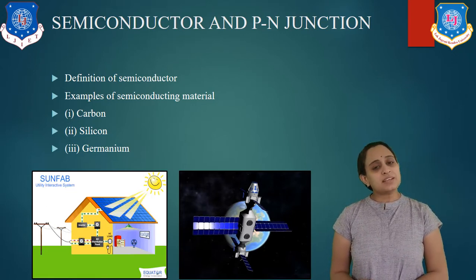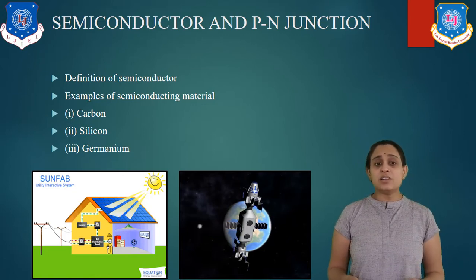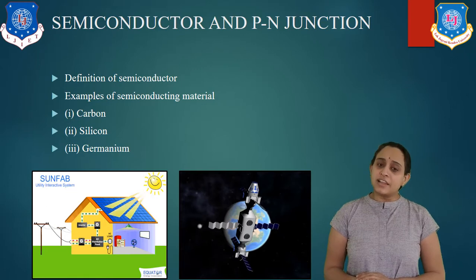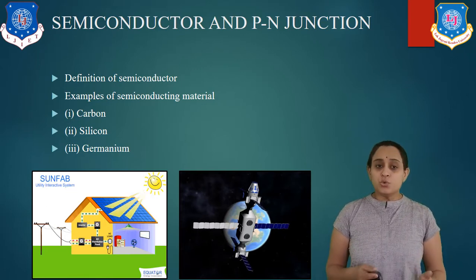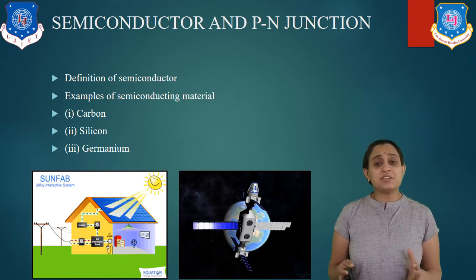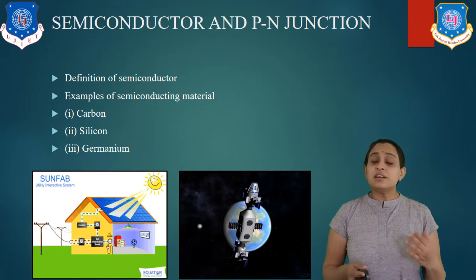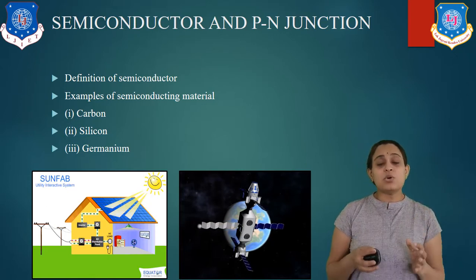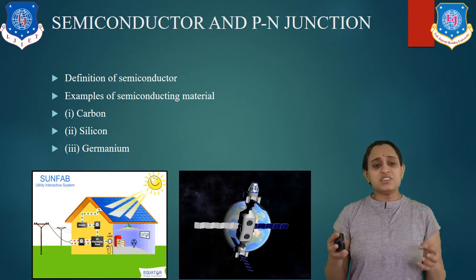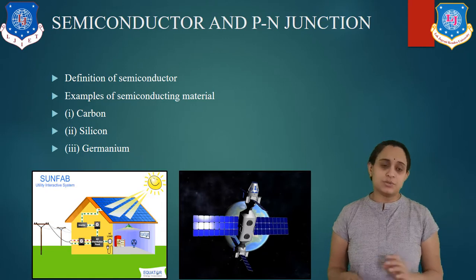Some examples of semiconducting materials are carbon, silicon and germanium. The electrons in the outer shell of a conductor are free to move and not bound to any specific site, and conduct electricity. The outer shell of the atom of an insulator may have 6 or 7 electrons, which are tightly bound and are not able to carry any current.